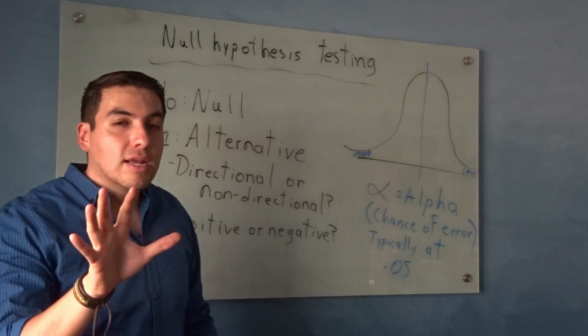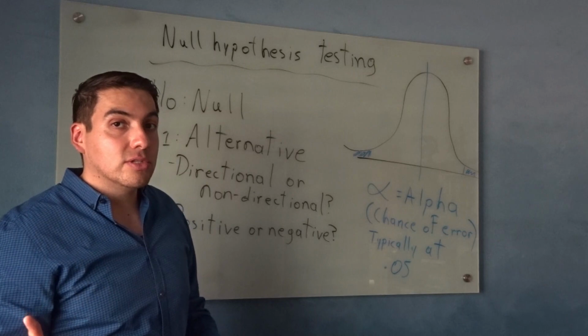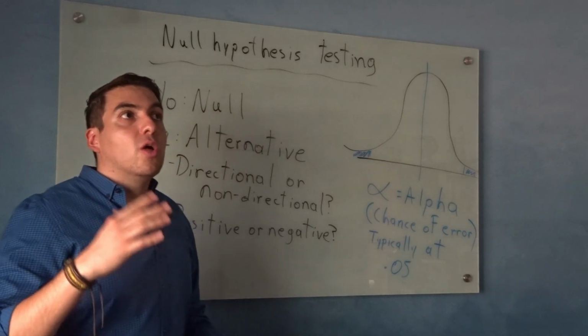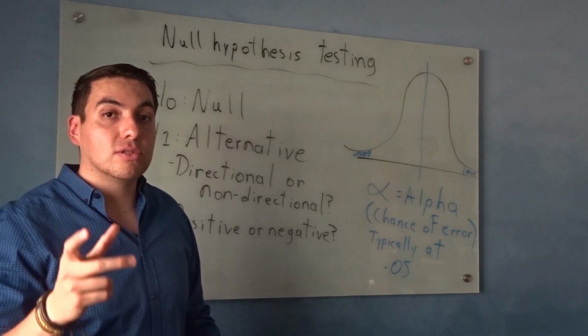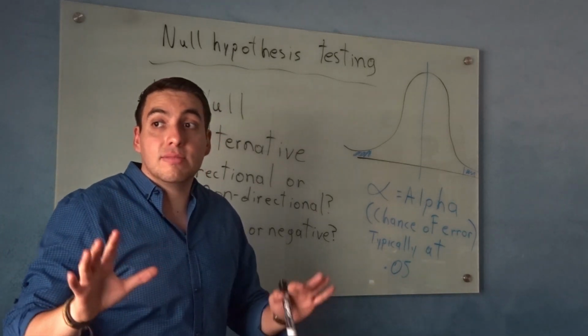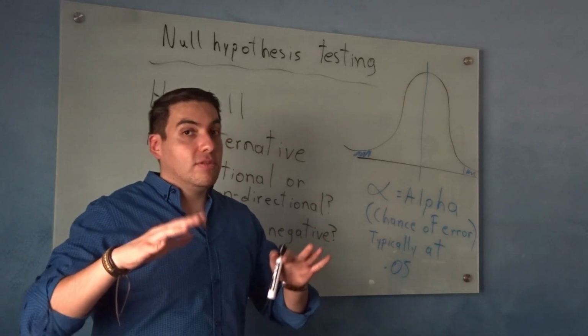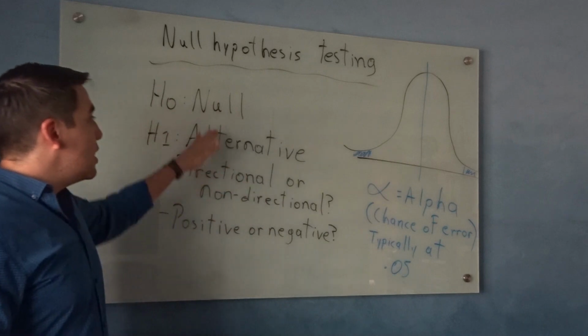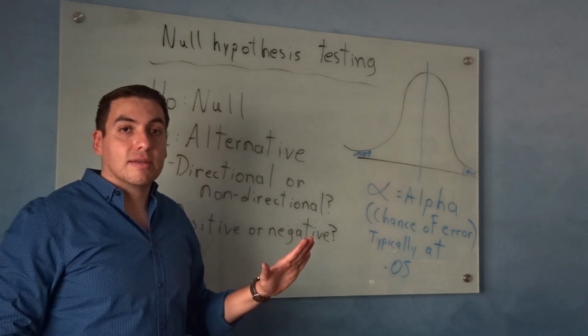You want to go in with a lot of skepticism, thinking that you may not find results. So the null hypothesis implies that you go with the idea that you're not going to find results. Of course, you want to find results, but you go in with skepticism because you don't want to force results. You want to see if you're going to find something. The null hypothesis is pretty much saying that nothing is happening.